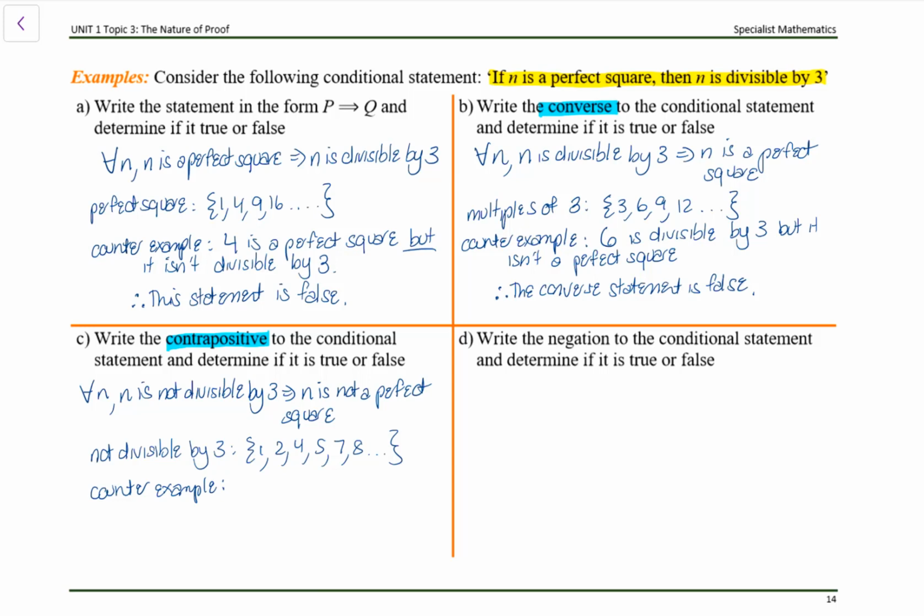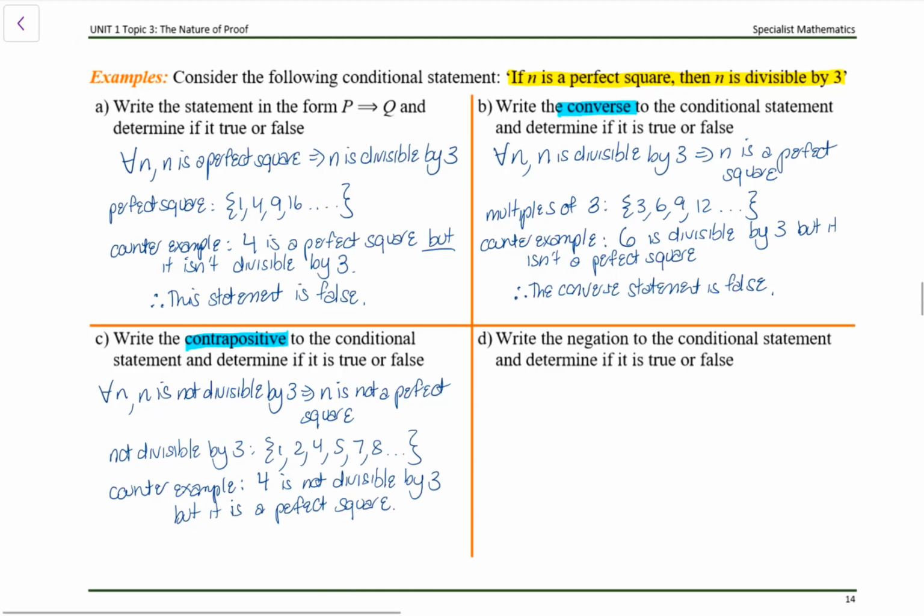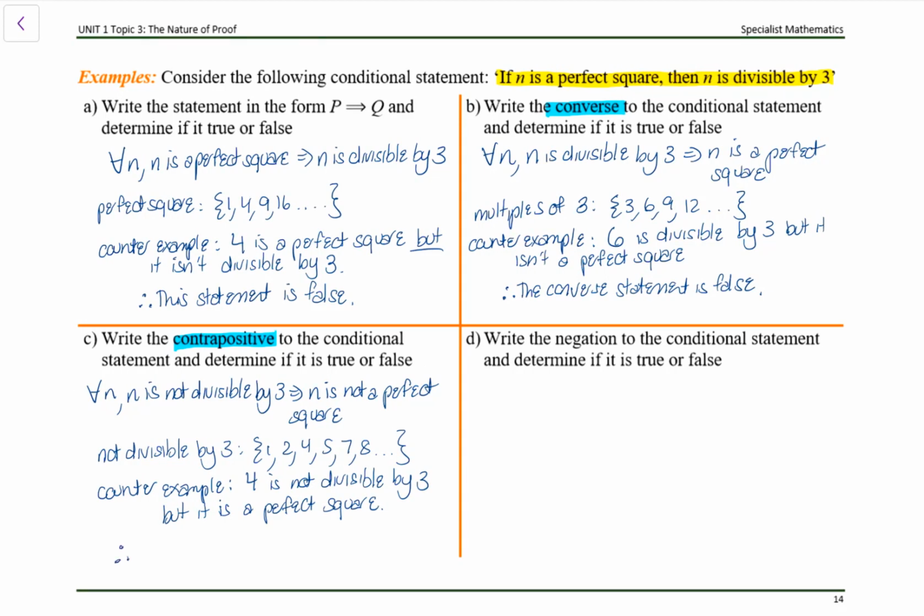So counterexample: 4 is not divisible by 3, but it is a perfect square. So in this case, the contrapositive is false.